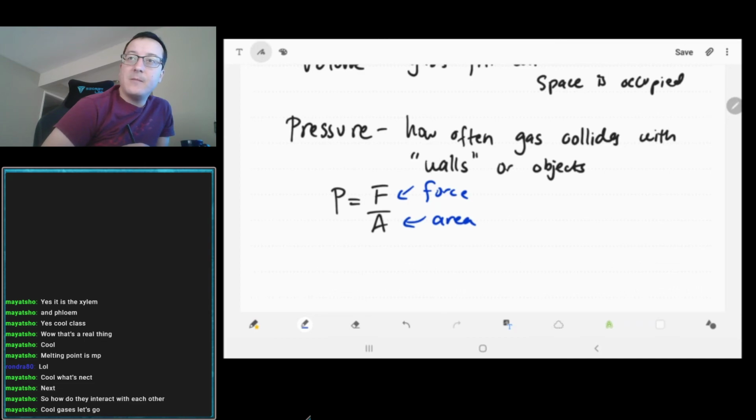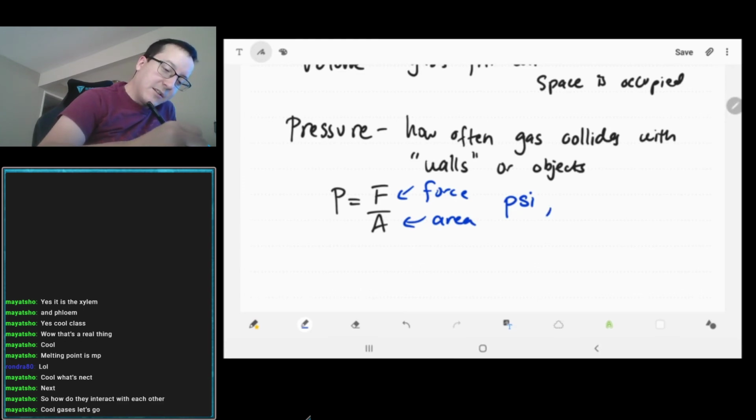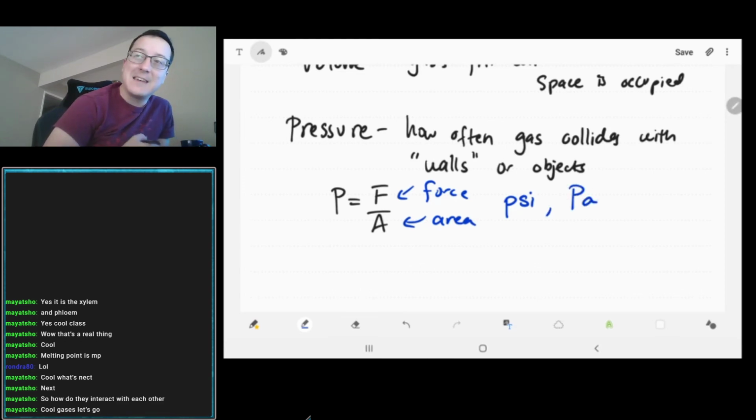So you will probably have seen units like PSI, which is pounds per square inch. Pounds is a force. Square inch is an area. These are common units. For the metric system, we have pascals.